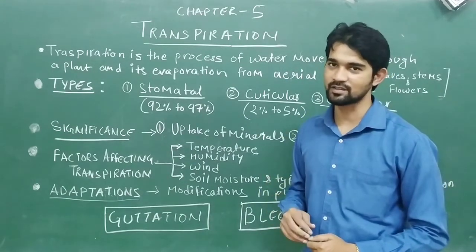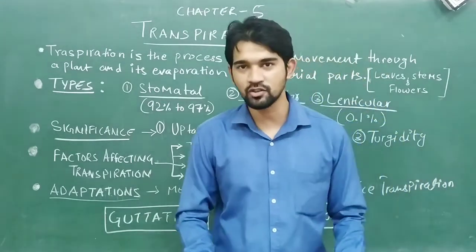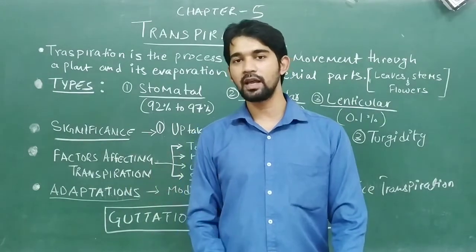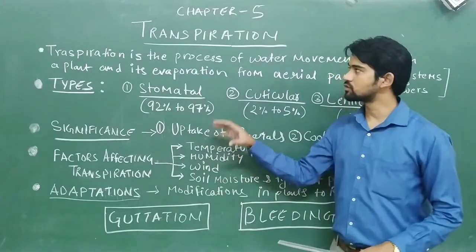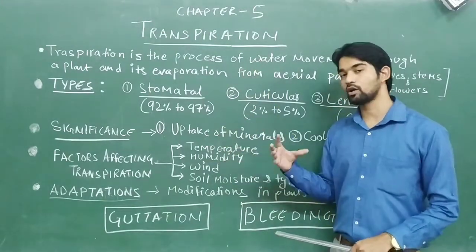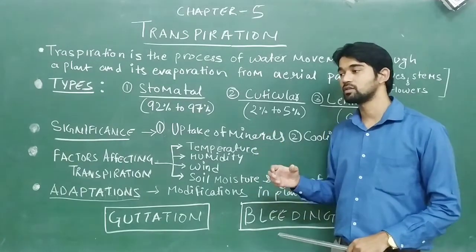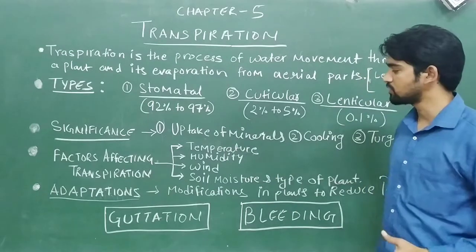It decreases, because humidity is the percentage of moisture present in the environment in that particular area. So humidity also has a control over transpiration. When there is a lot of humidity, there will be less transpiration, because outside there will be a lot of moisture.